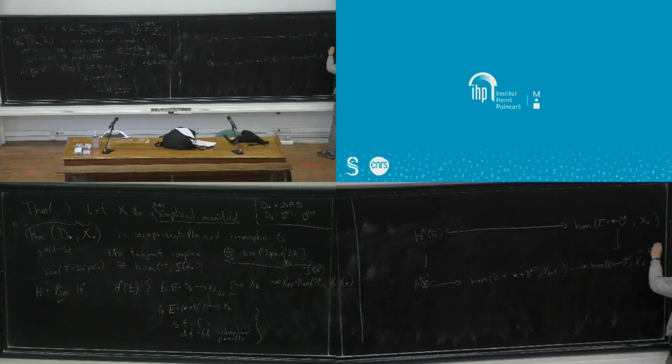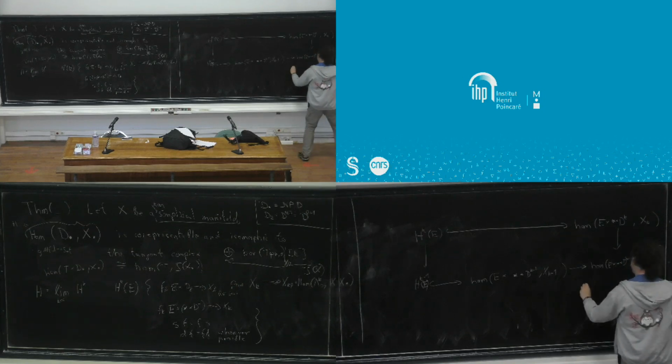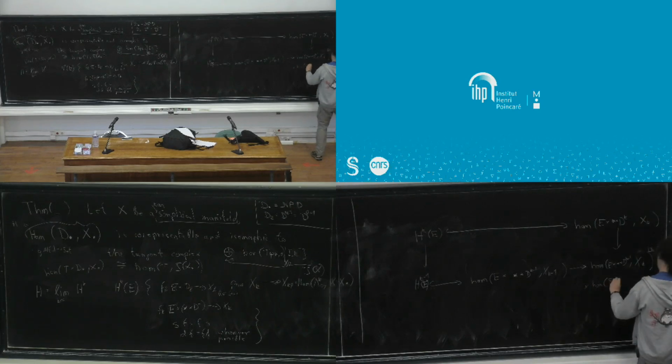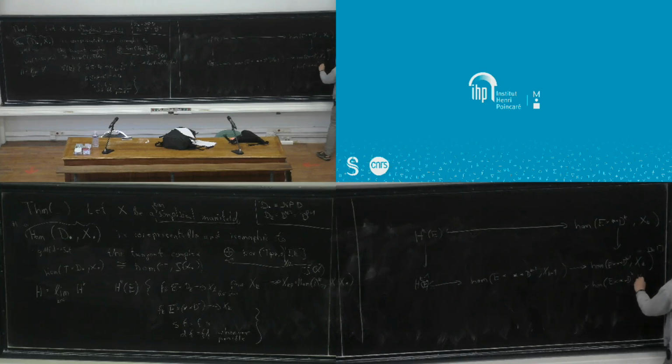And we have k minus 1 of those conditions. And we have hom of E times star times d^k into x_{k-1}. And we have k minus 1 of those conditions.